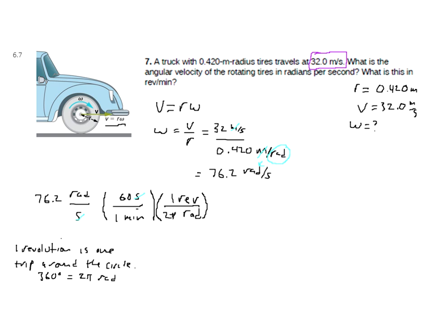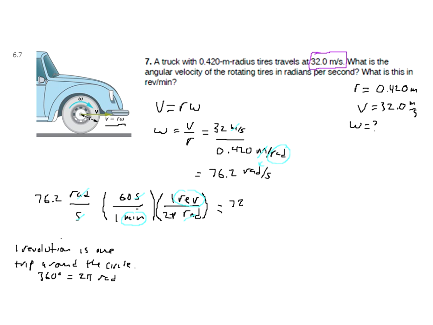So go to our cross-off color. Radians cancels out, and we end up with our desired units. You can't say that there's a correct unit. That's going to be 76 times 60 divided by 2 pi.